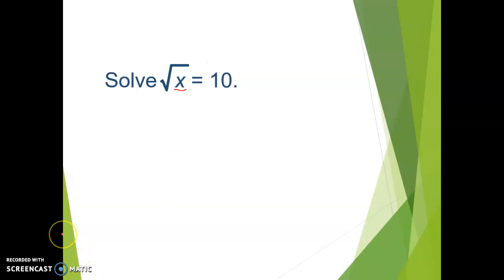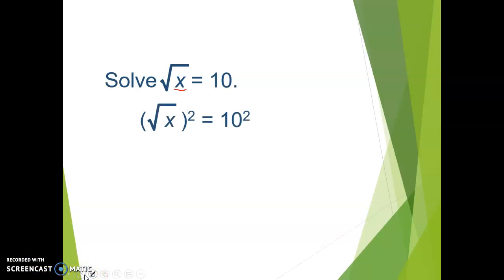So the steps to do this are very similar to what we looked at before. We want to undo what's being done to the x. Well, what's being done to the x? Hopefully you said it's having its root taken. And the way to undo a root, the inverse operation of taking roots, is squaring.